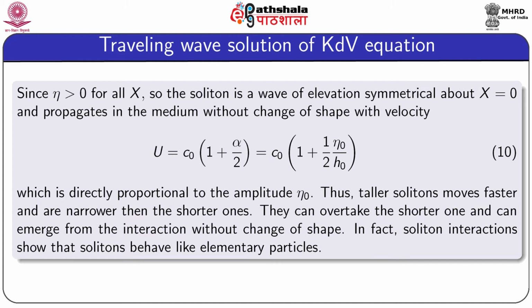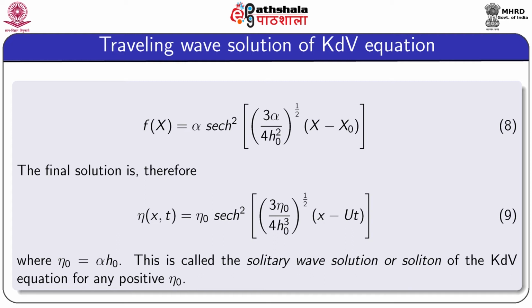Therefore, the taller soliton moves with more velocity than the shorter soliton, and the width of the soliton, which you can obtain from this, is (3 eta 0 by 4 H0 cube) to the power minus half. That means the width of the soliton is inversely proportional to the square root of eta 0. So, a taller wave has a narrower width.